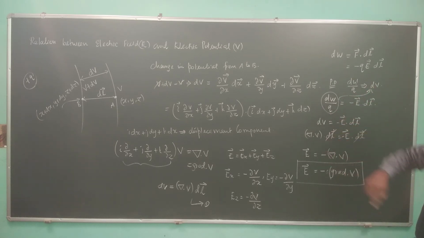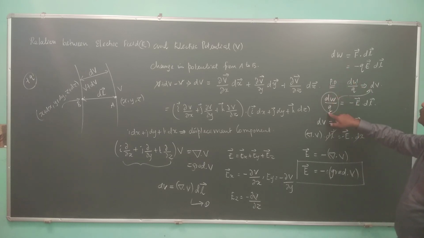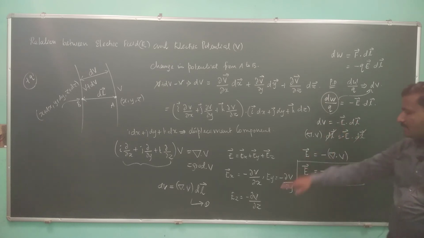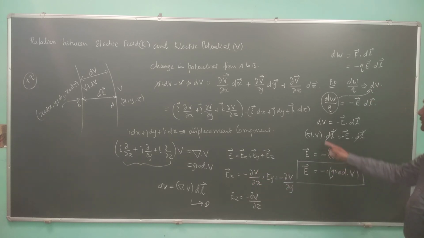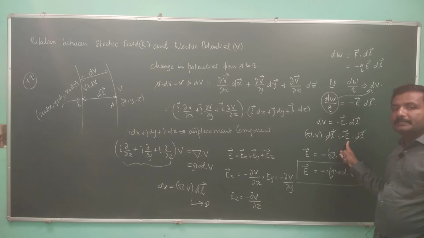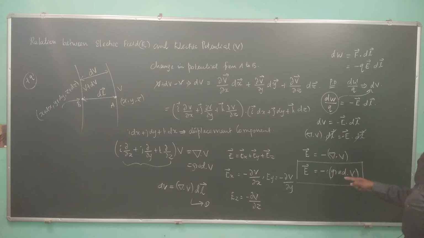But we have already defined dW by q. If you put dW by q, what will you get? Minus E dl. So minus E dl is nothing but dV, so we can substitute in place of dV. So dV becomes minus E dot dl, but dV is nothing but del V into dl, so dl will cancel out. We have the electric field equal to the negative of the gradient of potential.